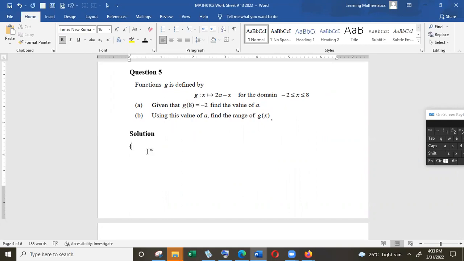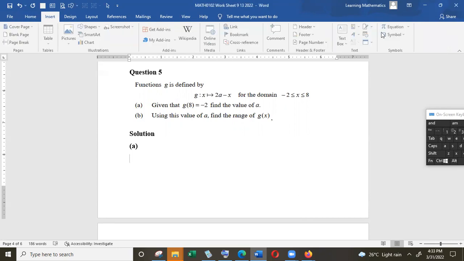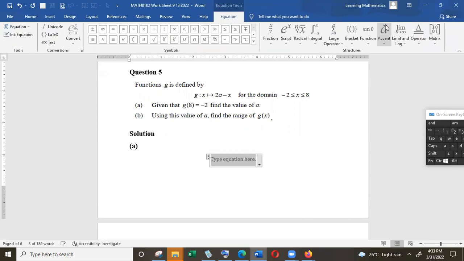So for part A, let's write down the function. g of x is equal to 2a subtract x. So that's the function.